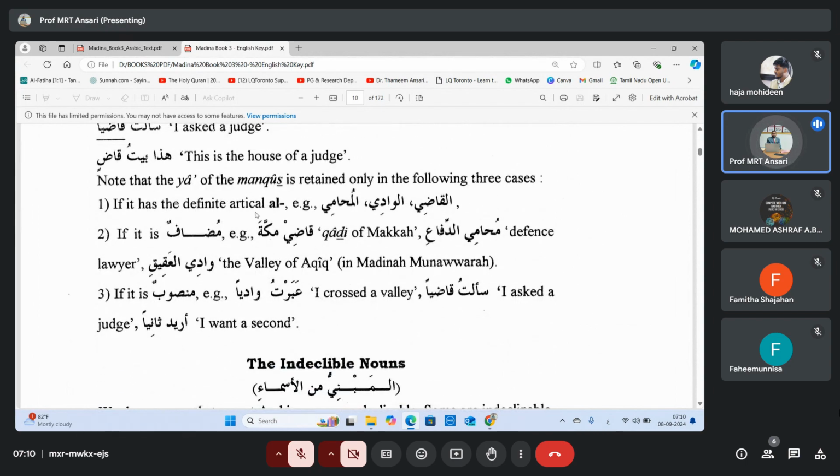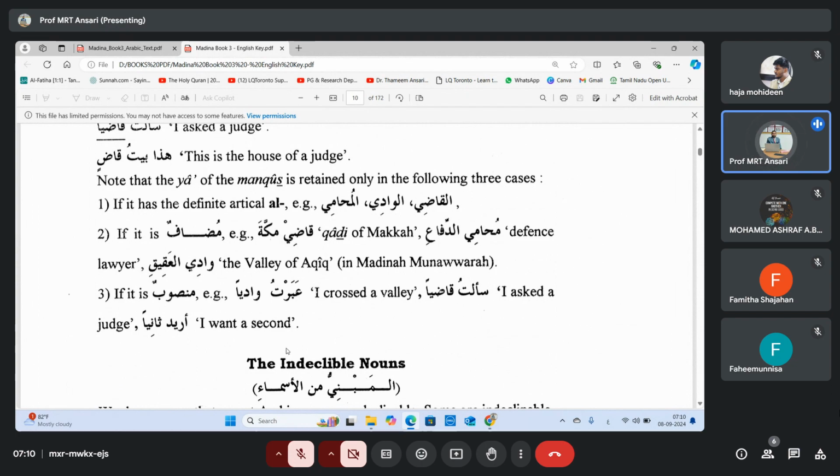If it has a definite article, when you have alif lam, then the ya is retained: al-qadi, al-wadi, al-muhami. Or if it is mudaf, for example qadi Makkah, the judge of Makkah, muhami ad-difa', defense lawyer, wadi al-aqiq, the valley of Aqiq. Or if it is mansub, for example 'abartu wadiyan, I crossed a valley, sa'altu qadiyan, I asked the judge, uridu thaniyan, I want a second.